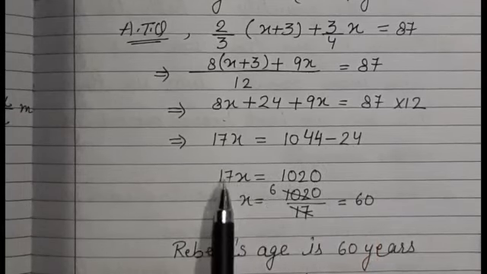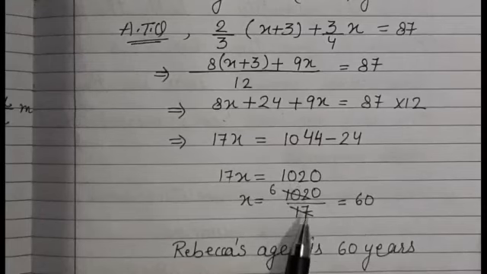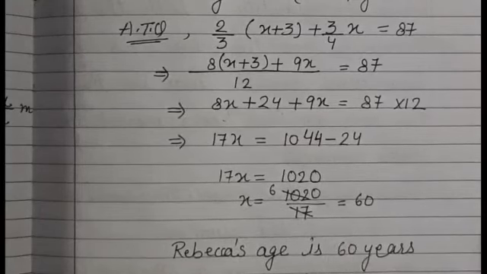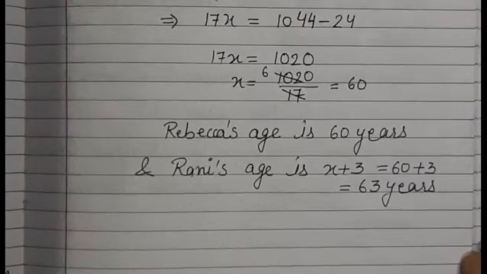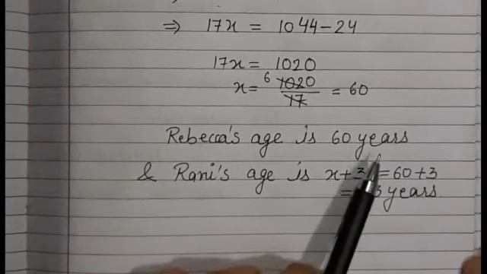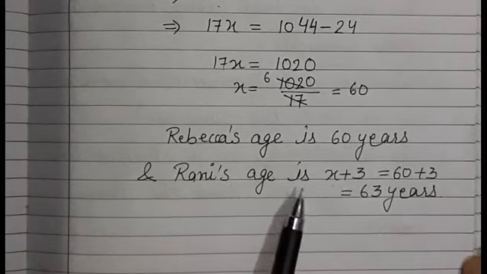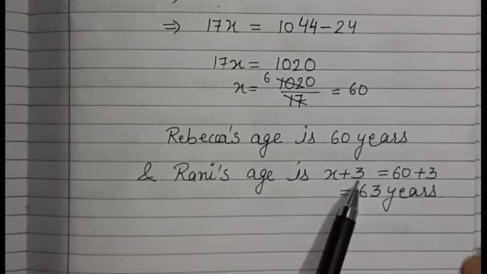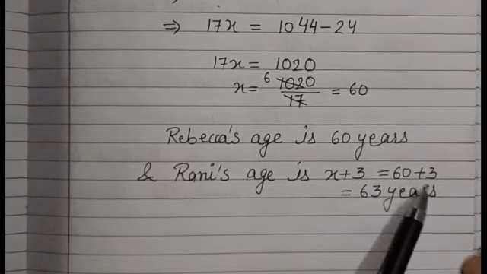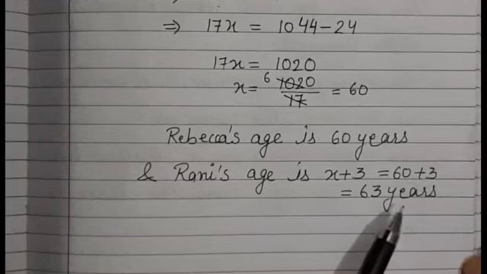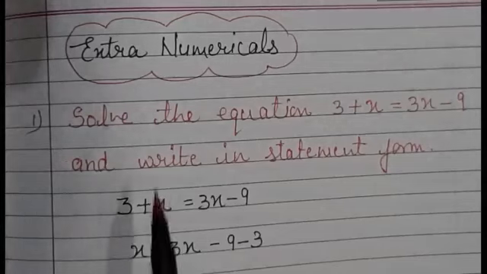When we divide it by 17, the x value will be 60. So that means Rebecca's age is 60 years and Rani's age is x plus 3. That means 60 plus 3, that is 63 years. Is it clear? Let's do some extra numericals.